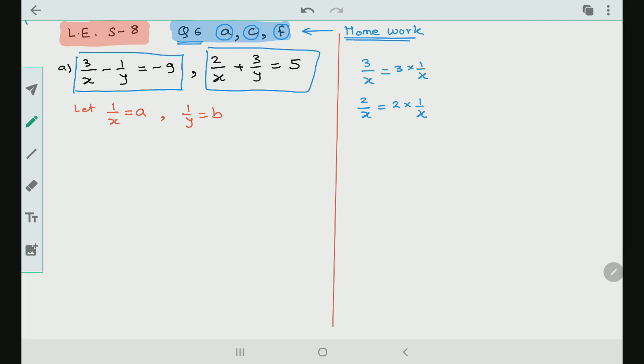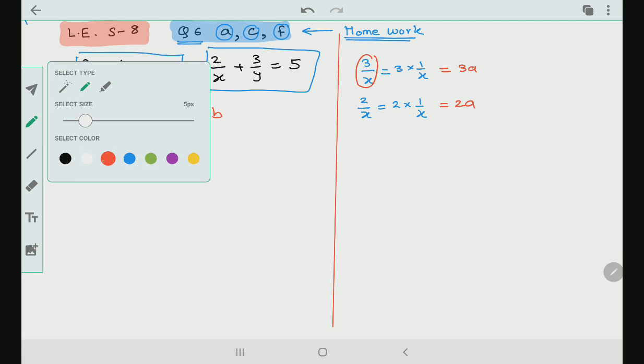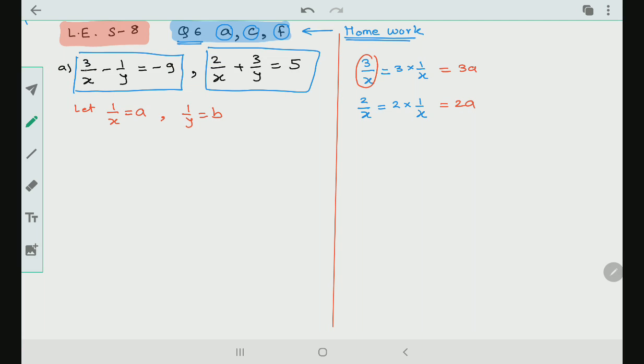So if 1 upon x is equal to a, what is 3 by x going to become? 3 into 1 upon x, and 1 upon x is a, so it is 3a. What is 2 by x going to become? 2a. And same way for y. Okay, so I'll just do that and get the equation easily.